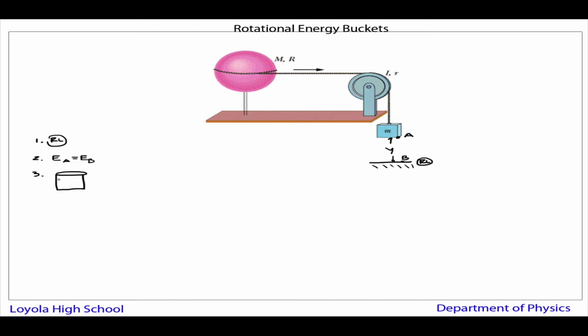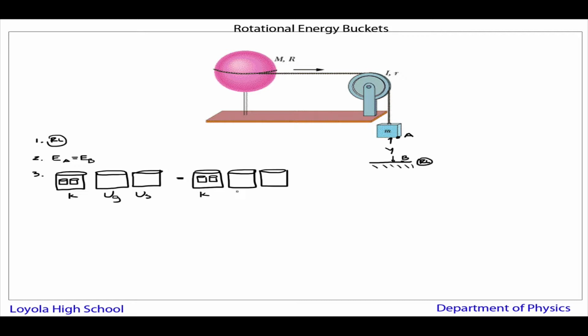Step three, we are going to apply our rotational energy buckets to this problem. Here's our kinetic bucket with our translational and rotational ink cartridges, and then we have gravitational potential energy, UG, and spring, US.